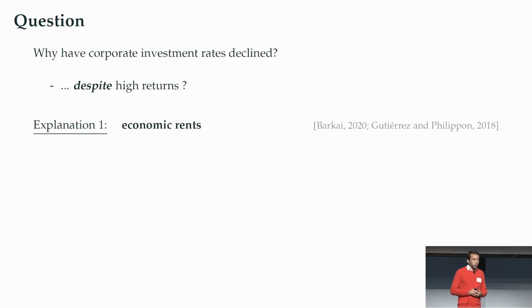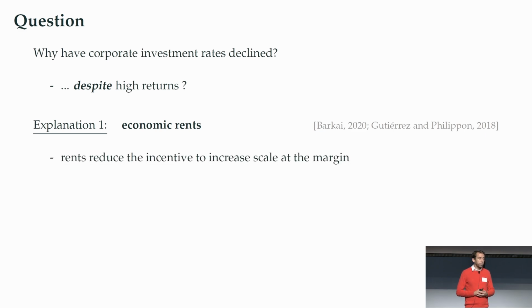Now, the sources of this increase, why that has happened, are a matter of debate. But the implications for investment and returns are fairly obvious. If a firm has more market power, if it earns more pure rents, it reduces its incentives to scale up, to invest at the margin. And on the other hand, rents are going to push up measured capital income, so they're going to push up measures like ROA, like I showed you before.